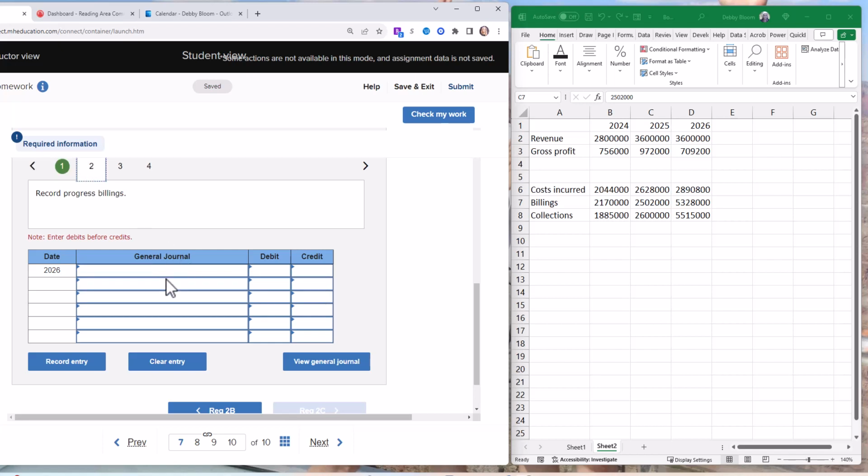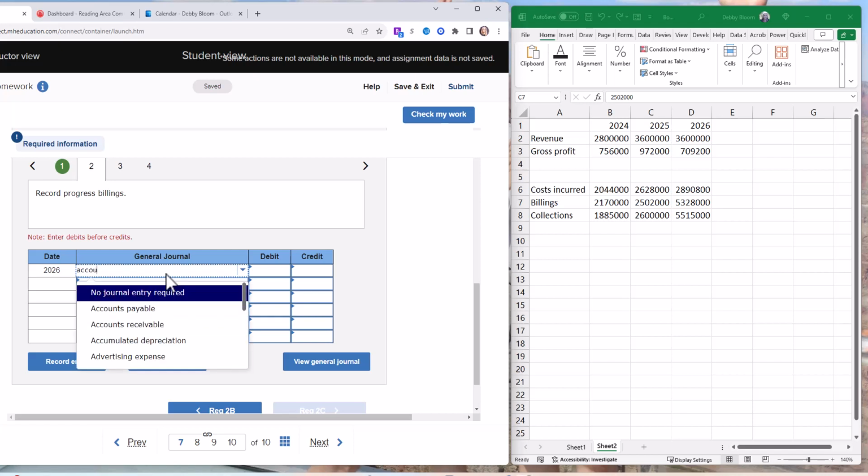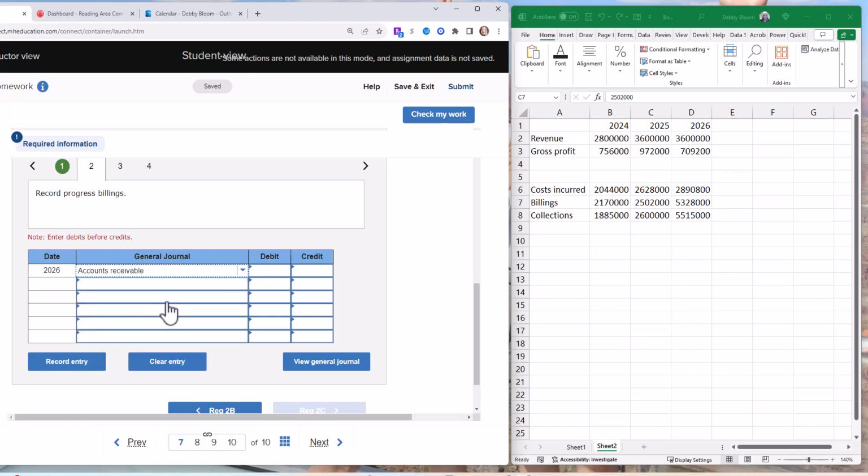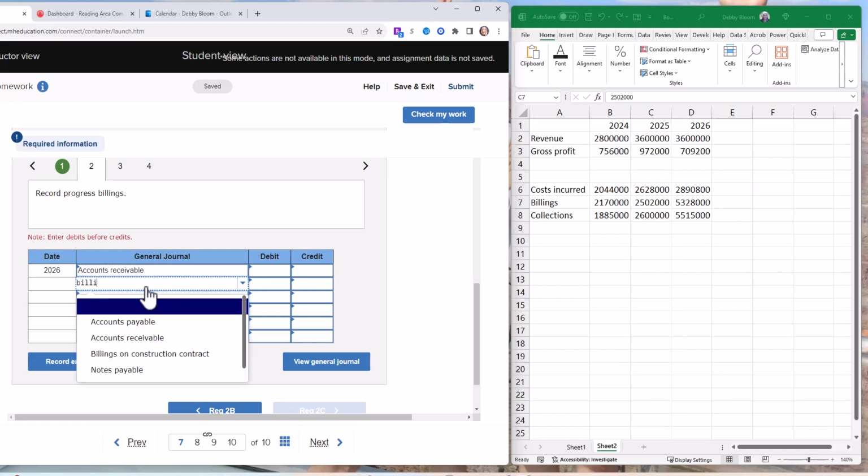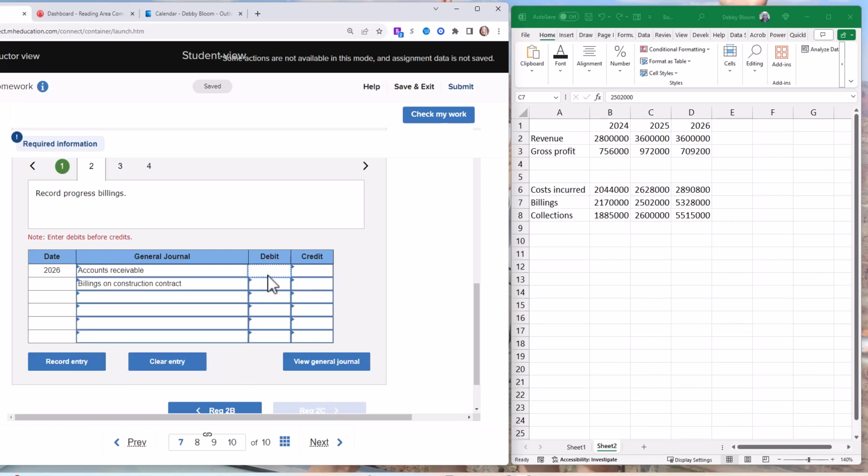Next one we have to do is record the billings, accounts receivable, and credit the billings. So our amount of the billings in year 3, $5,328,000.